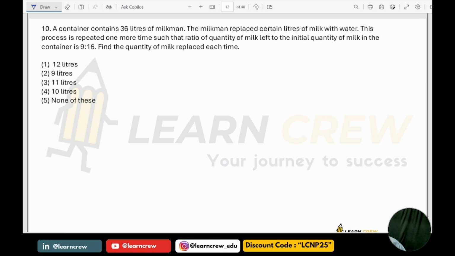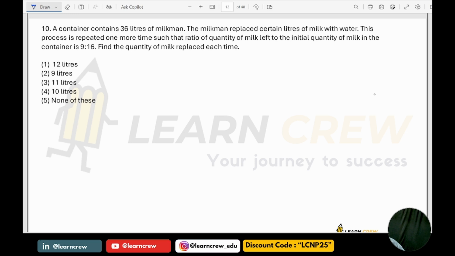A container contains 36 liters of milk. The milkman replaced certain liters of milk with water. This process is repeated one more time such that the ratio of quantity of milk left to the quantity of milk in the container is 9:16. The quantity of milk replaced each time would be how much?